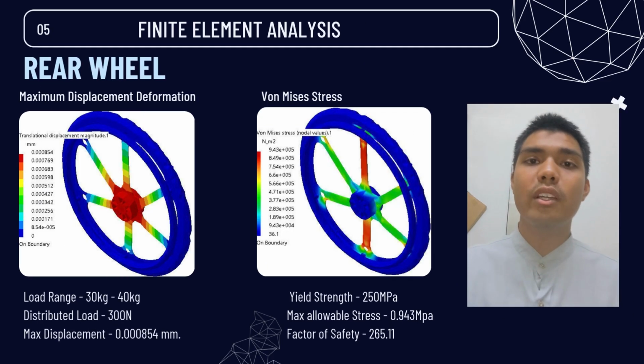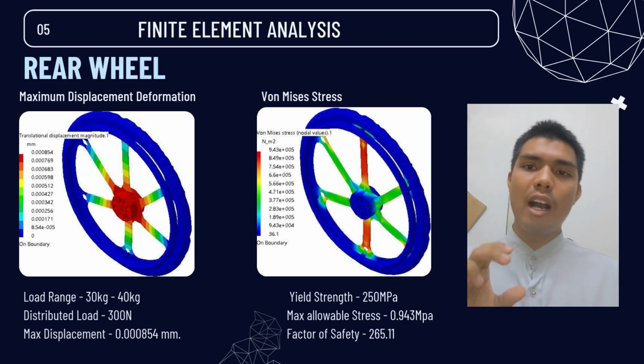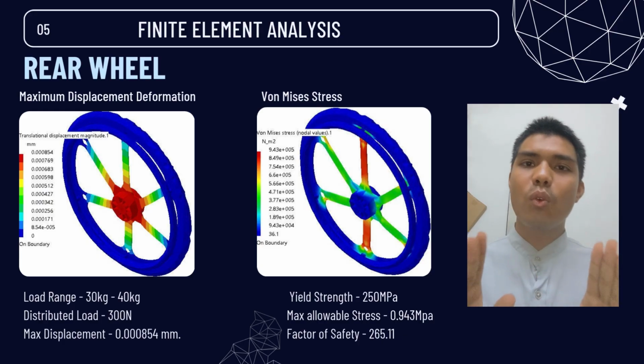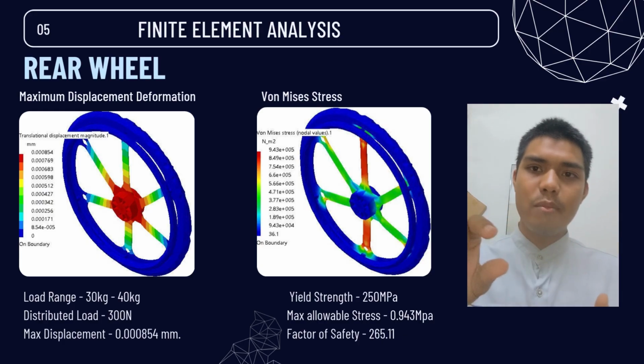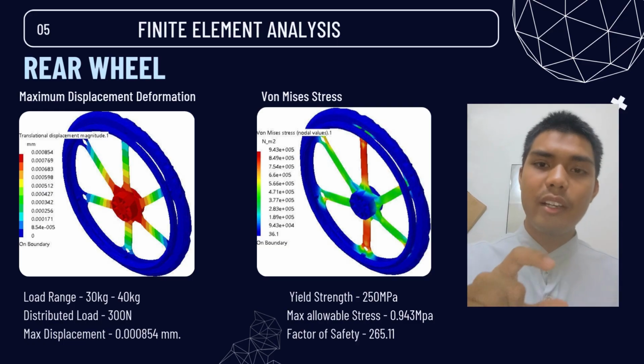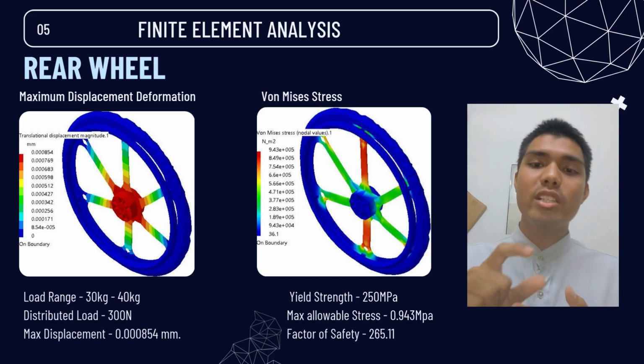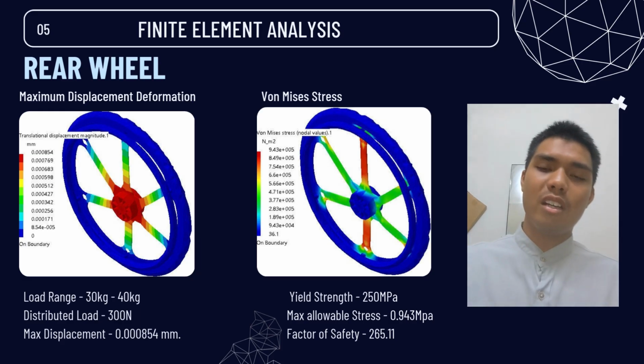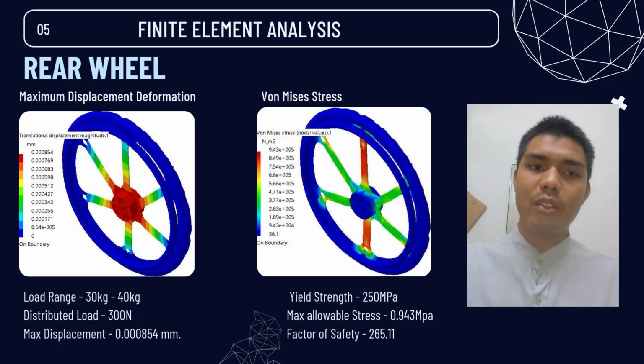Now we continue on the rear wheel part. We can see that we apply the load on the hub of the rear wheels, which is the center of the rims. This is because that part is connected to the wheelchair frame and has load applied when people sit on it.